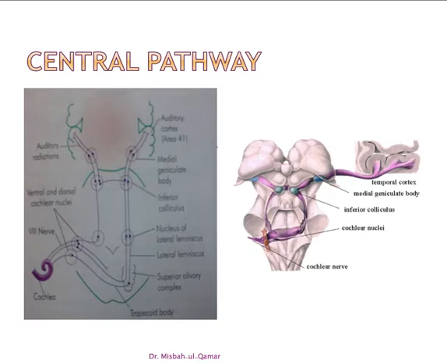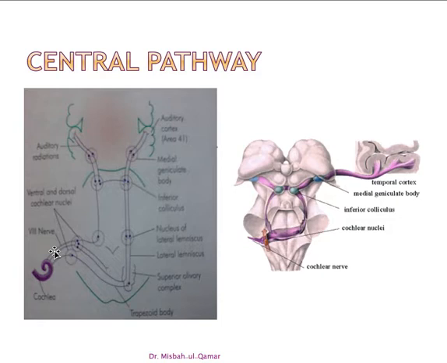Now, the neurons in this superior olivary complex and the nucleus of the lateral lemniscus form the third order neurons of the auditory pathway. So, first order neurons were present in the spiral ganglion in the modiolus.